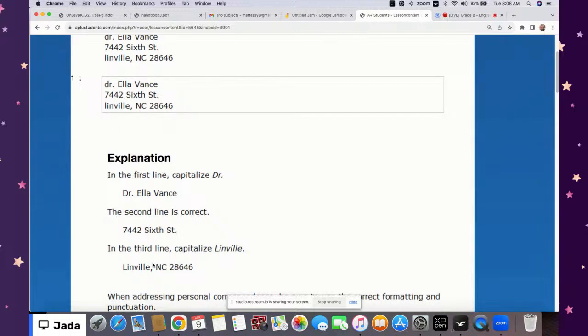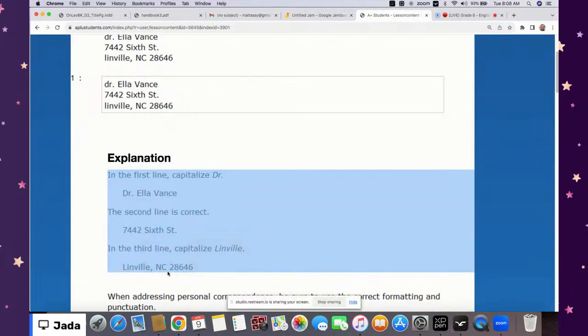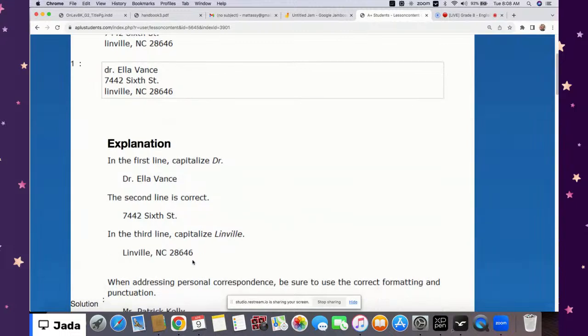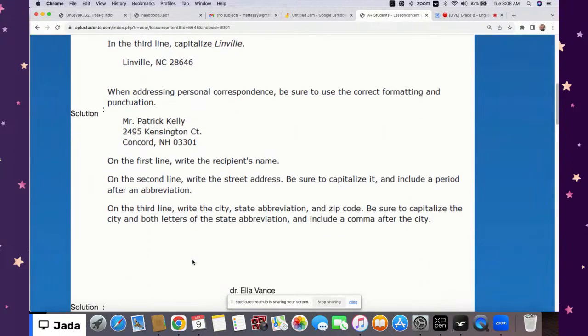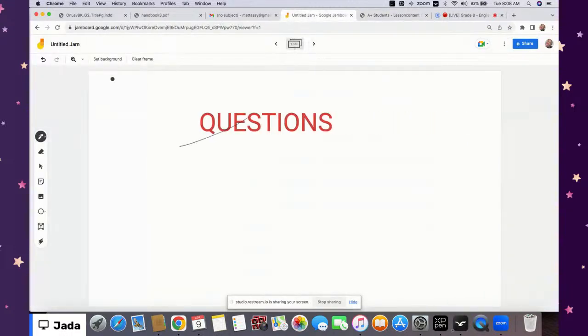So you would have to capitalize Linville and NC 28646. Okay, so this is the city, the state is abbreviated, and then the zip code. So this is how you write a personal letter. Okay, so we have the pattern here.